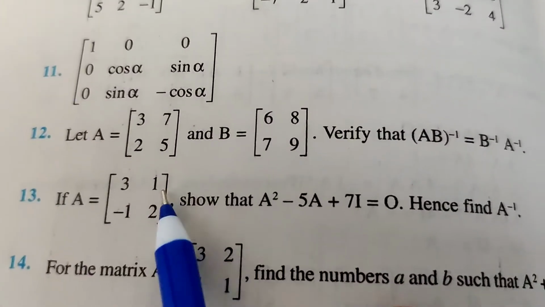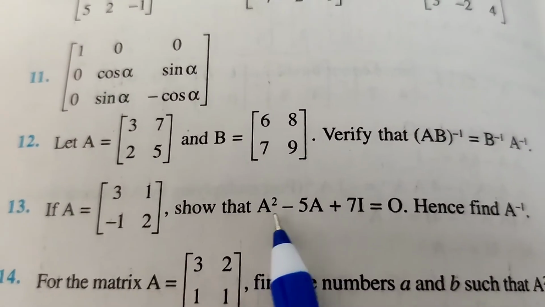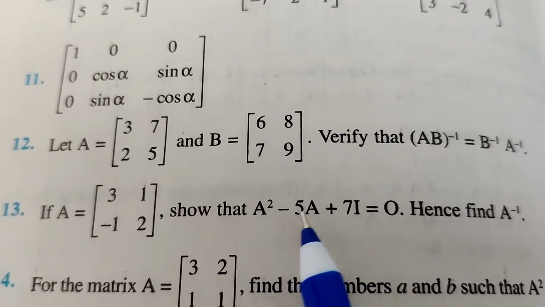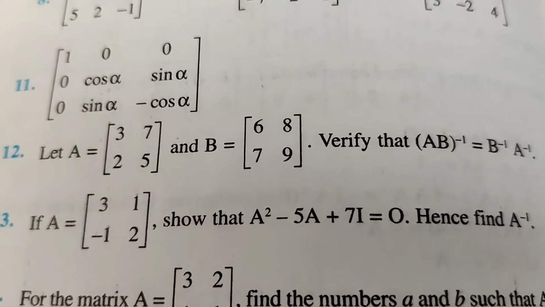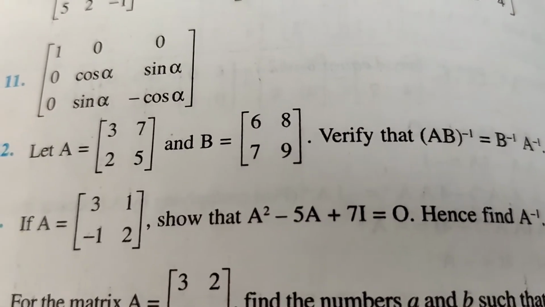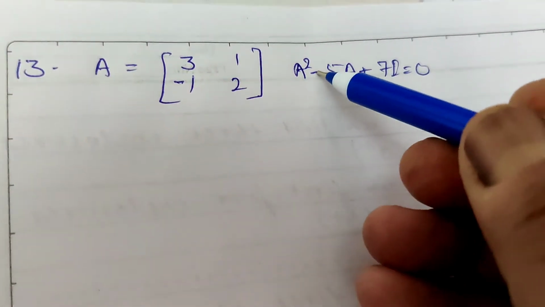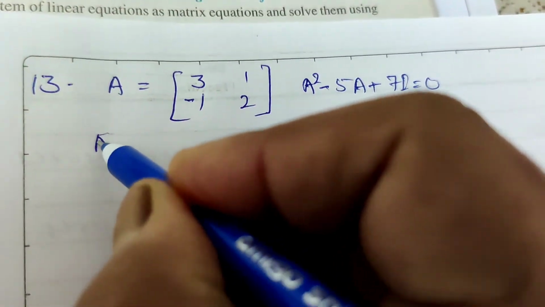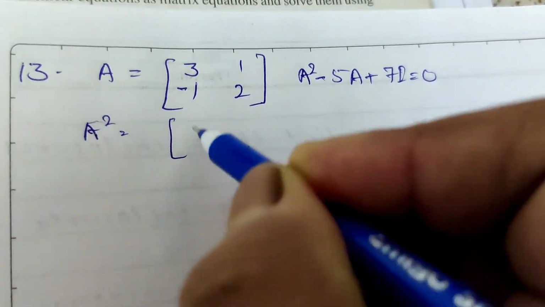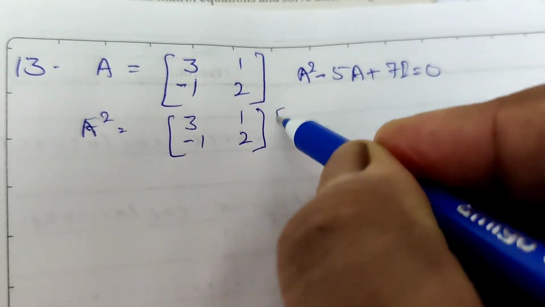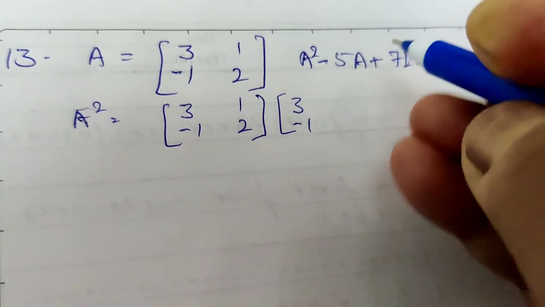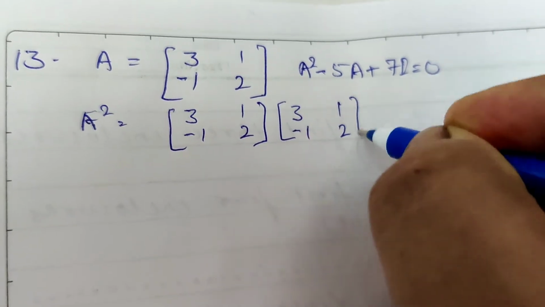Next question. If A equal to 3, minus 1, 1, 2, show that A square minus 5A plus 7I equal to 0, and hence find A inverse. First we have to find the A square. A square means A into A. 3 minus 1, 1, 2 multiplied by 3 minus 1, 1, 2.